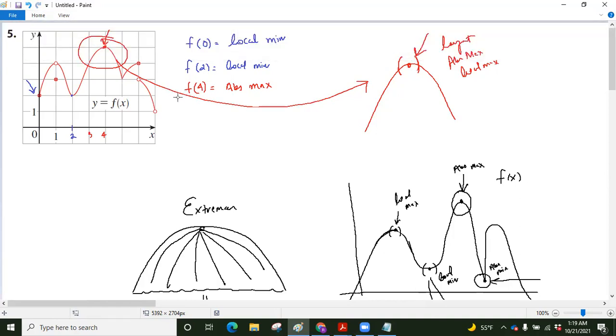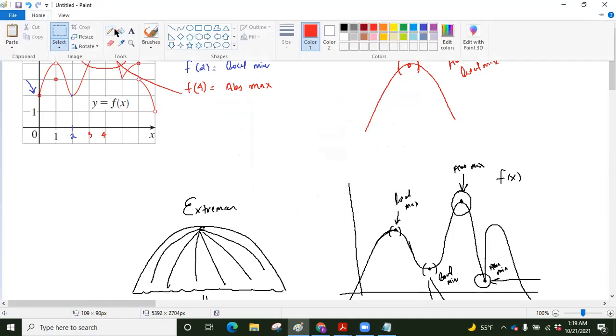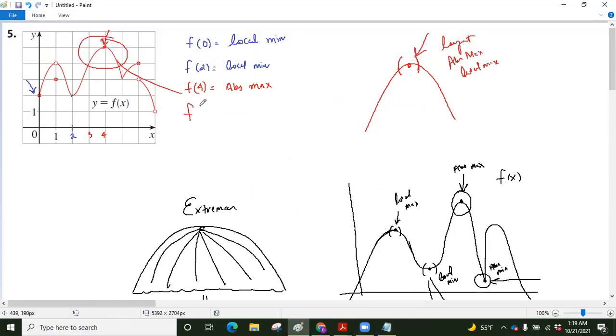And so what that tells me is I can then say that f of 4 is an absolute max, which I said, but also within its own neighborhood, f of 4 is a local max.